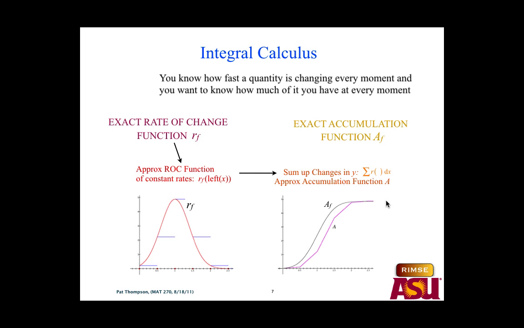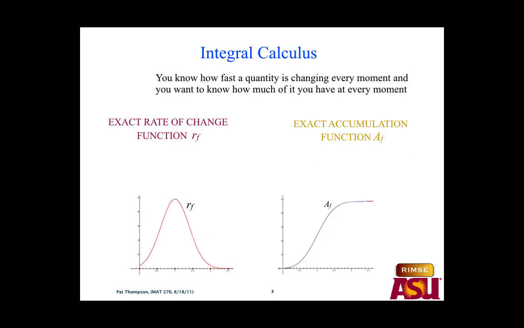But the idea was, if we make the intervals that we're using smaller, the approximation to the rate will be better, so the approximation to the accumulation will be better. And if we make them smaller and smaller, we can eventually get something that's indistinguishable from a nice smooth curve. It just hones in on one particular section.